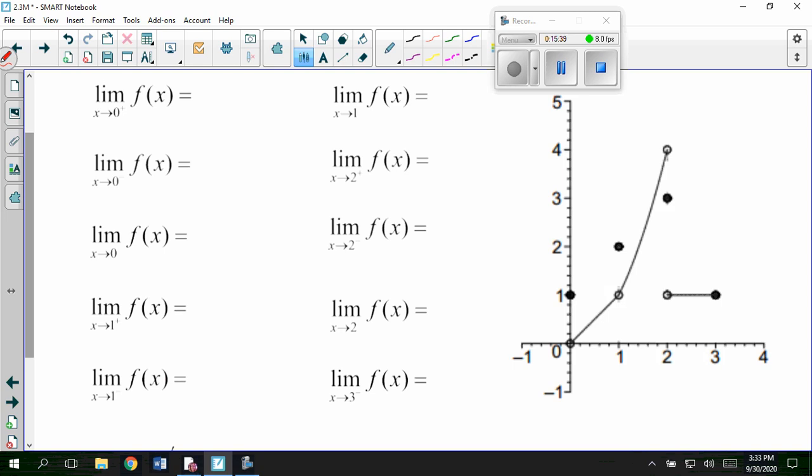So if you are taking notes directly from here, I'm going to give you just a quick minute to draw that picture up and to write down all these limits before I start explaining what's going on. So I'm going to pause here for just a second.